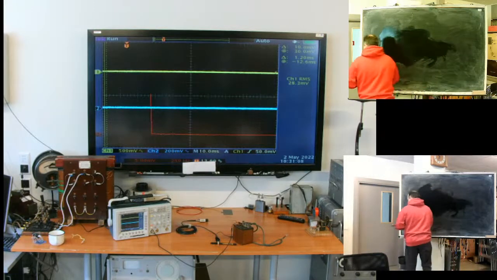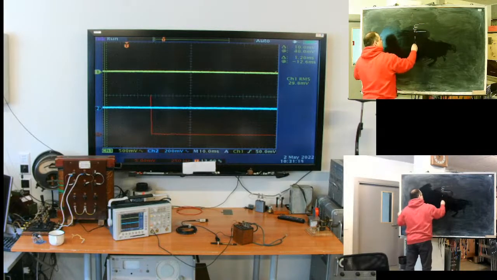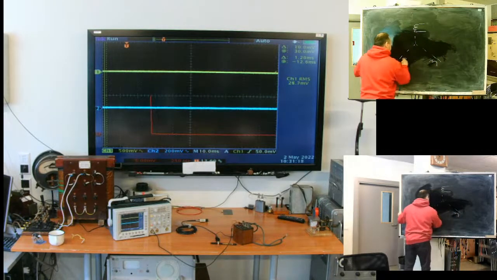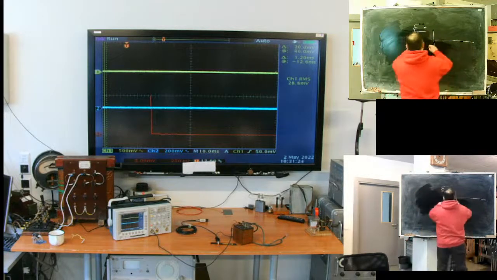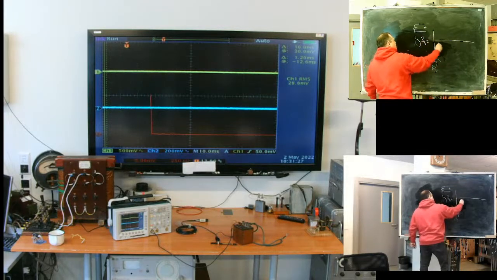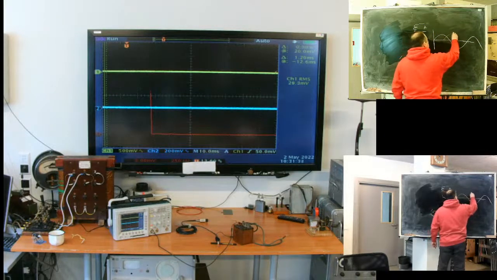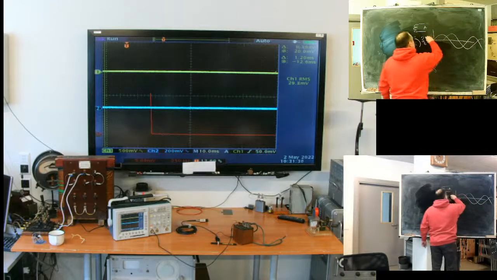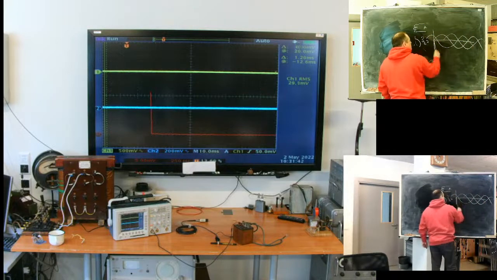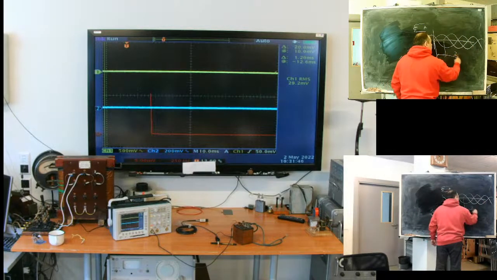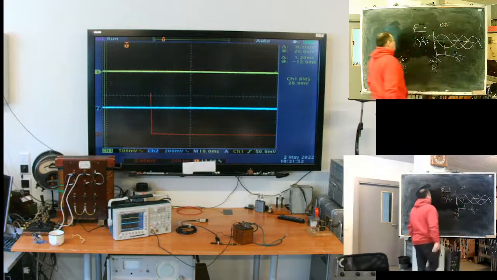If we speak, for example, of a three-phase machine, this will be phase A, B, C. In such a design, we will have shifts by 2/3 of pi, 120 degrees.